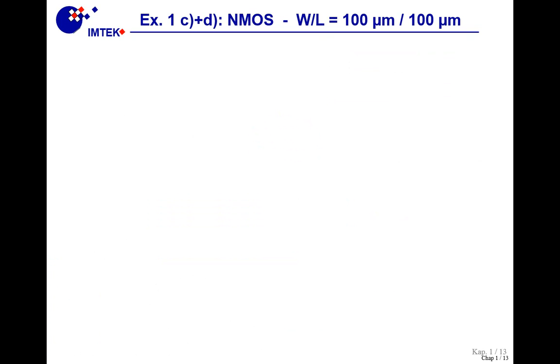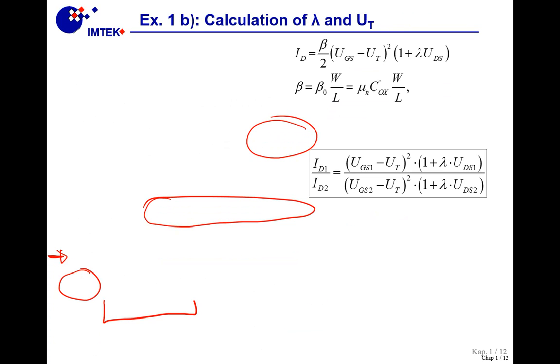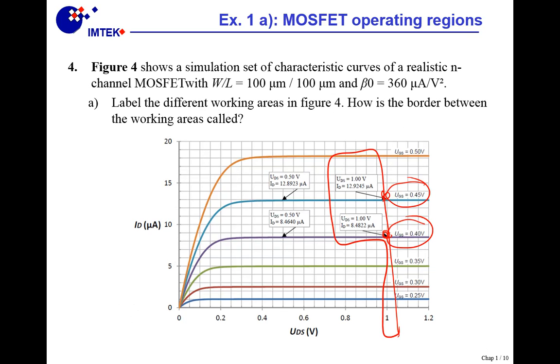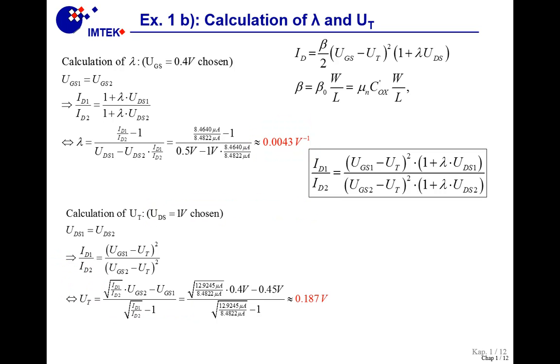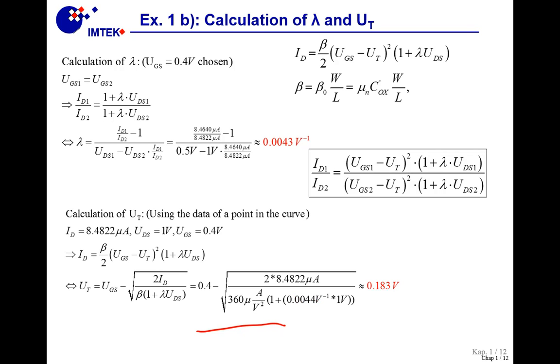And then we chose in this case, I think this is the value that we chose. We chose this point here, so this set of parameters is chosen. So we plug in the values on this side.